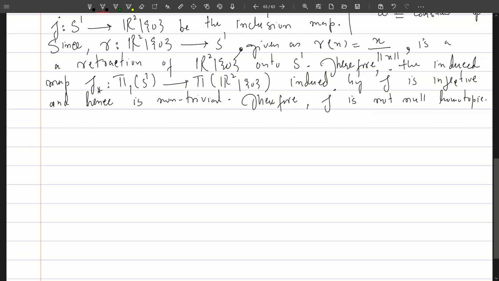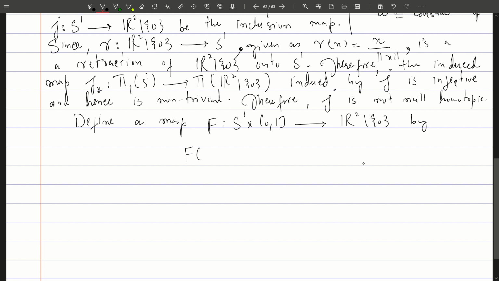Now let us define a map, say F, from S1 cross the interval [0,1] to the punctured plane R2 minus 0 by F of (x,t) equals t x plus (1 minus t) times w of x.